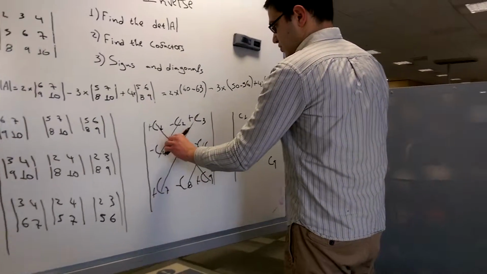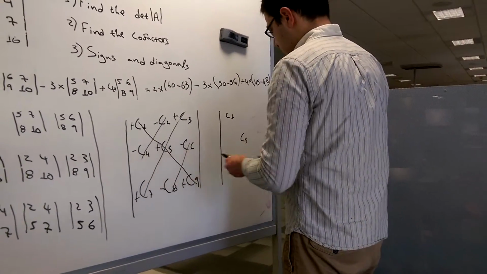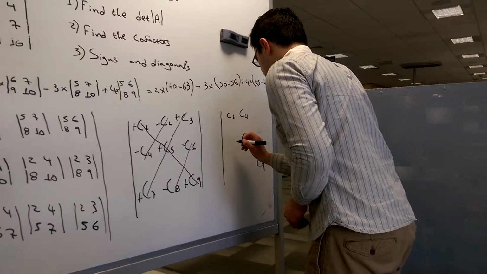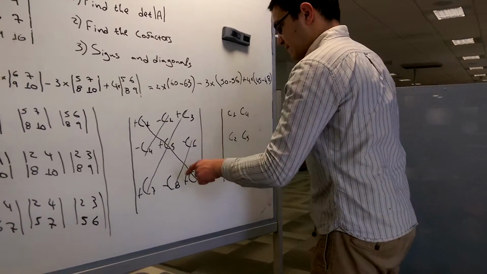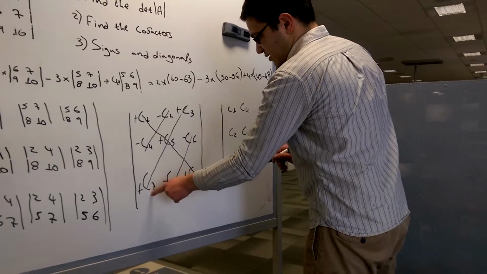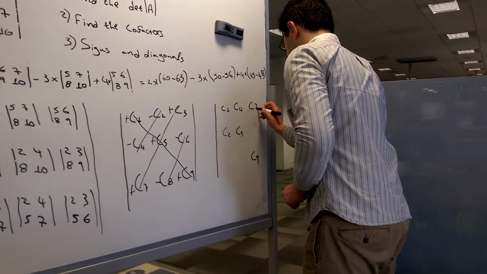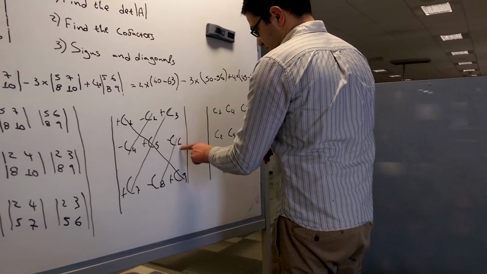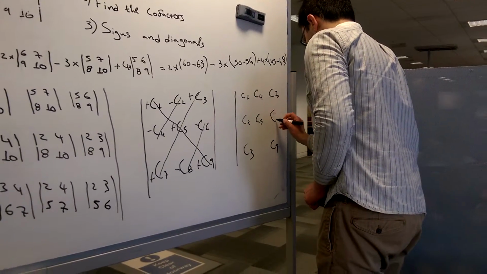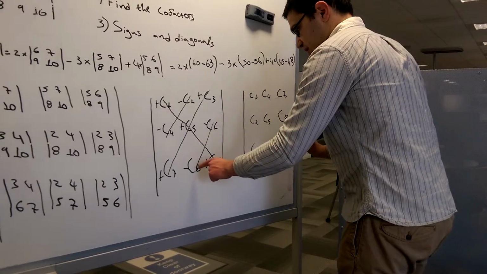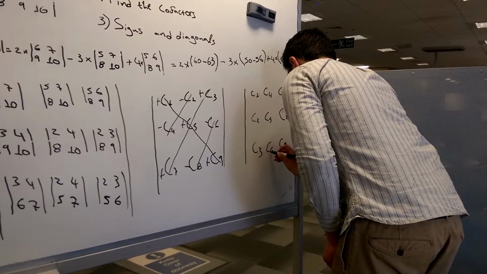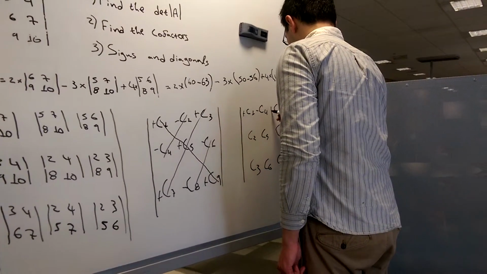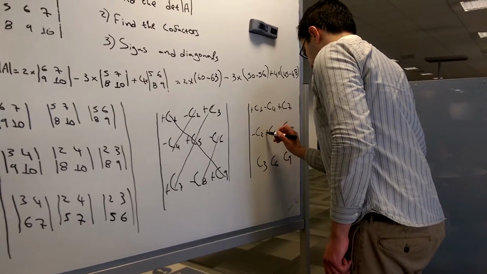Then you swap the C2 with the C4, so you're going to have C4 with C2, then you're going to have C7 with C3, and now you're going to have the C8 with the C6, and you keep your signs, plus, minus, plus, minus.